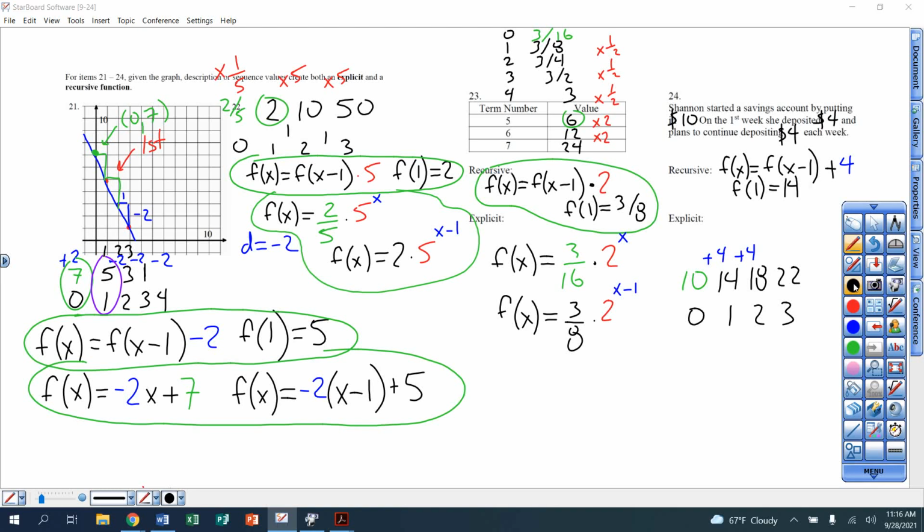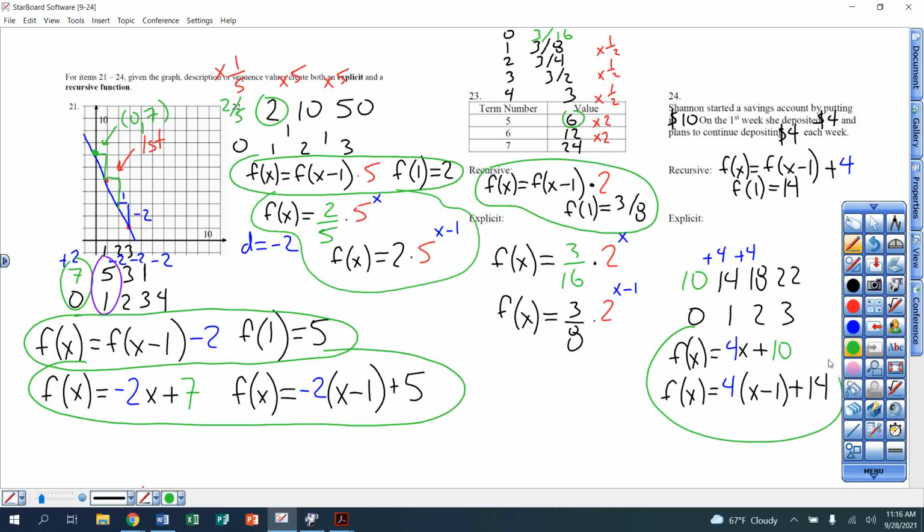If I was to write both forms of explicit, put that 4 in front of x plus the y-intercept term, or shift over 1 to the right using that same 4 but to the x minus 1, and not adding 10 but adding the 1 next to it, that 14.